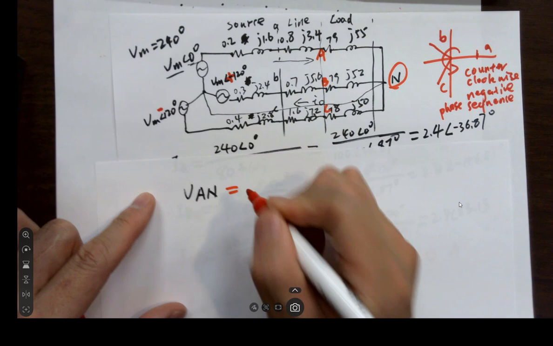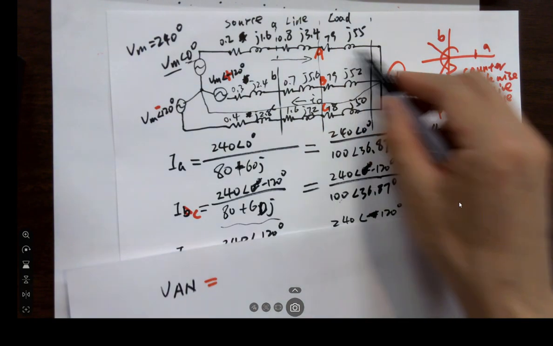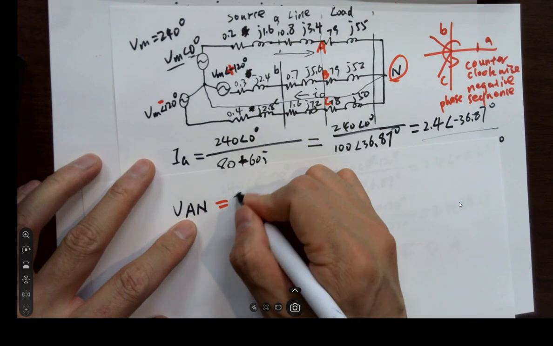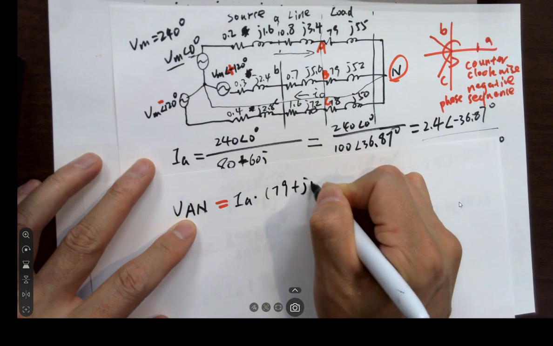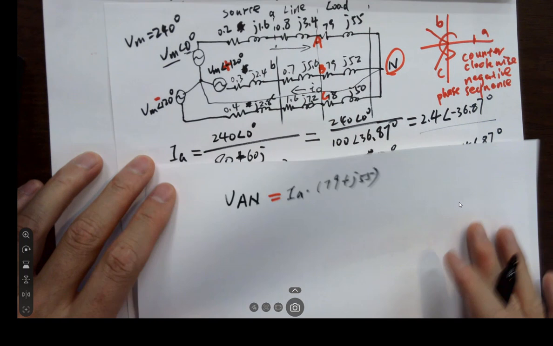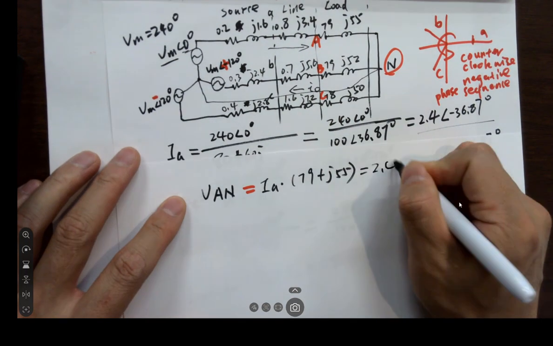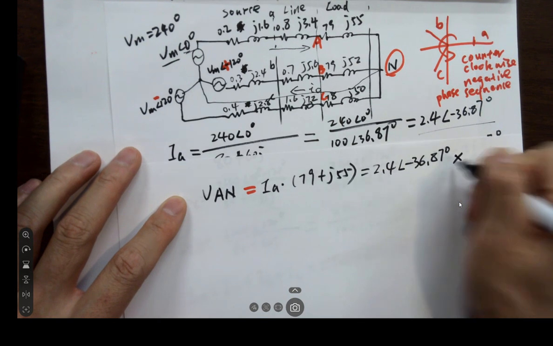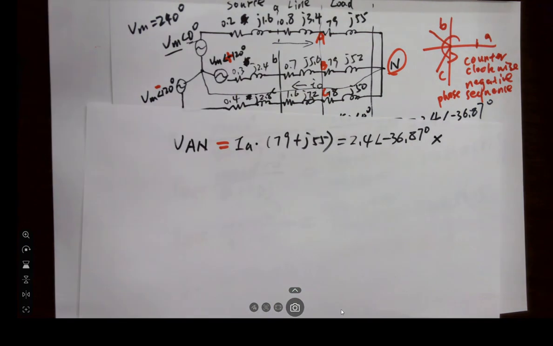And since you know the current of this guy, which is IA, is this one, you use IA times 79 plus J55. So you can find out VAN. Okay, so this is 2.4 times. We can convert that one to phasor.